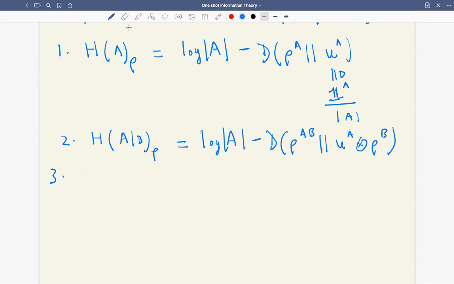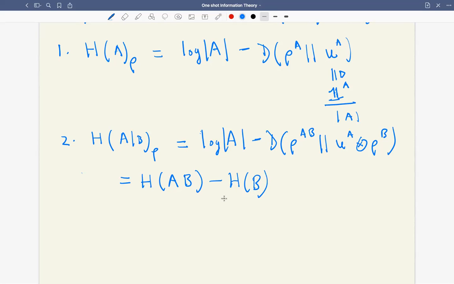Before I do that, classically we know what this conditional entropy is, but strictly speaking, I have not defined conditional entropy in the quantum case. Of course, you can take this as a definition, but you can check that this is equal to the other expression.